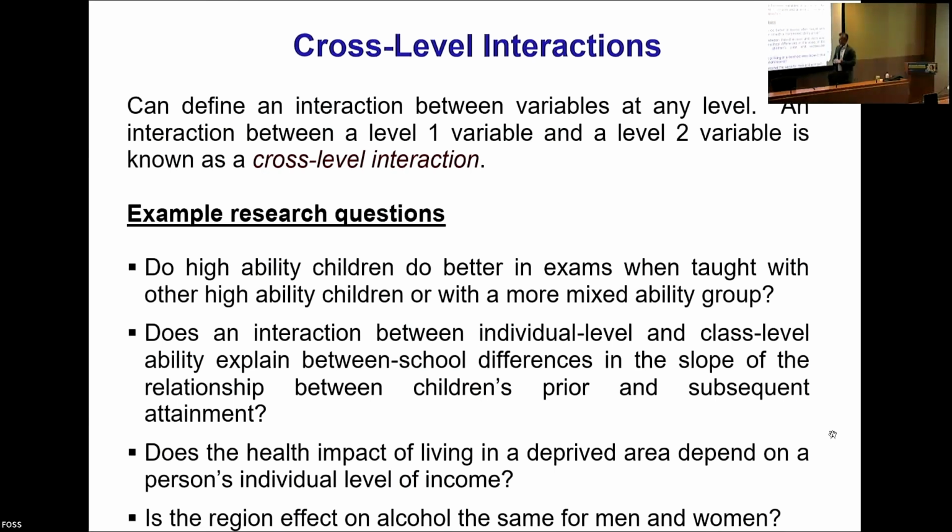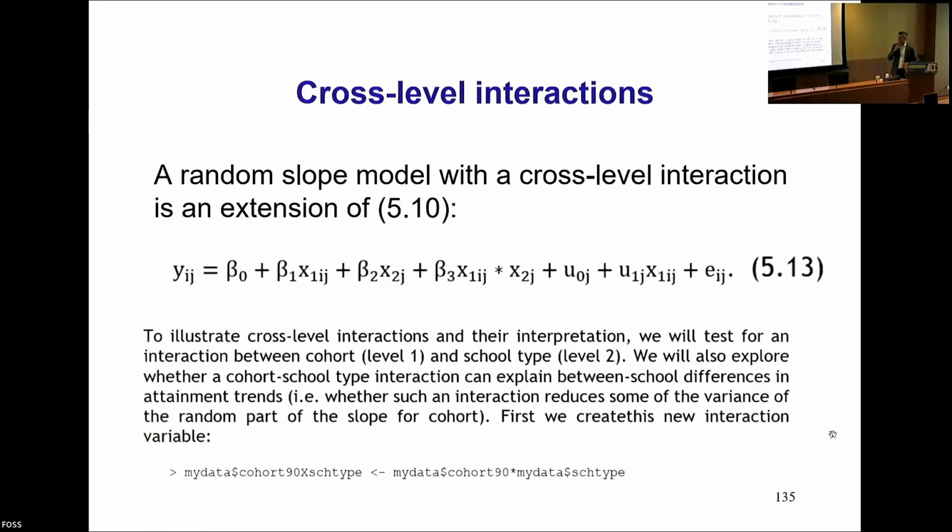So this is where you get into really interesting questions about, does the effect of being a girl or boy differ between the type of school, or does the effect of living in a deprived area depend on your individual level income? So, interactions here. So this is really looking at heterogeneity in these effects.